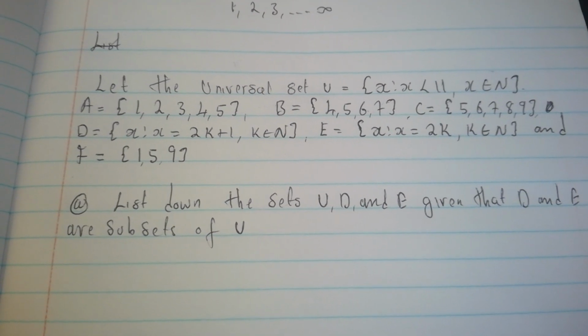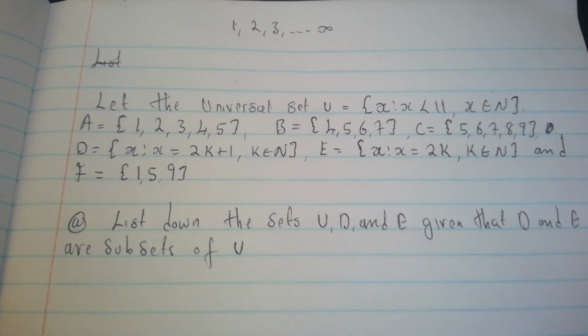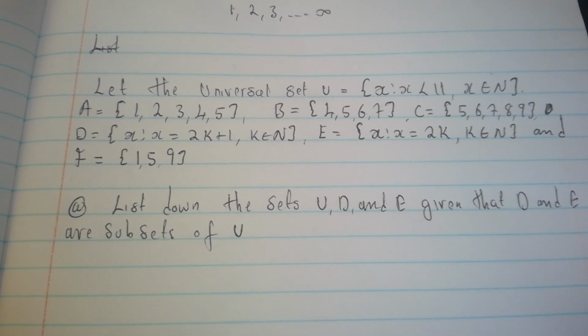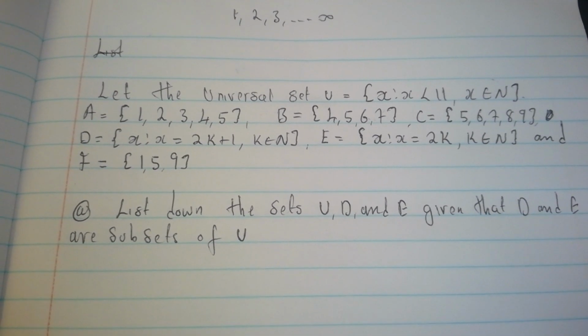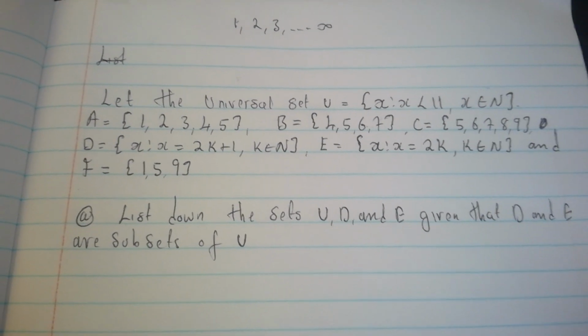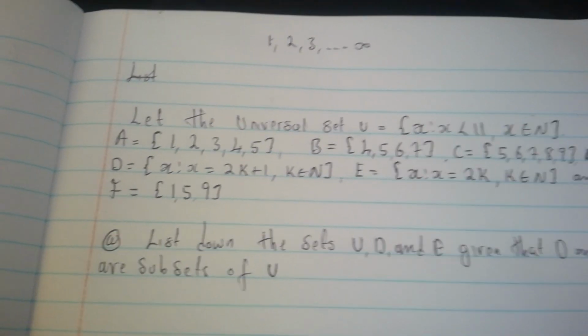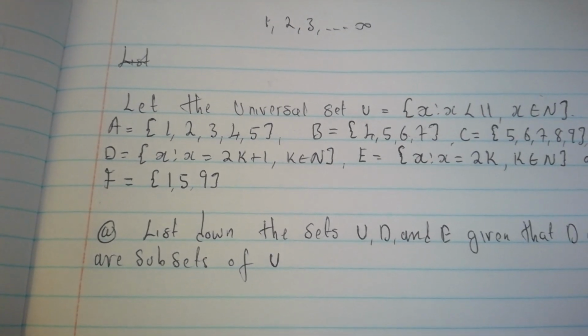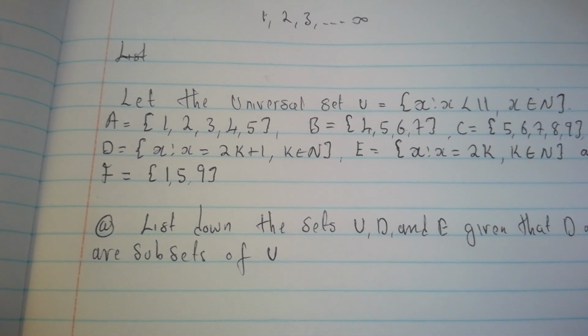That's good at this point because we've already talked about what natural numbers are. Then we've been given set E, another set builder notation: x equals 2k, where k is a natural number. And finally, we've been given set F. F consists of 3 elements: 1, 5, and 9.